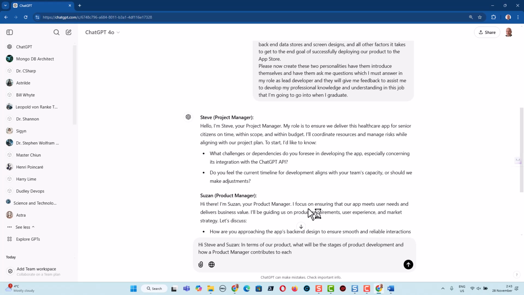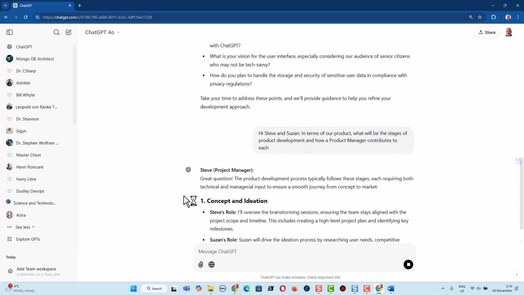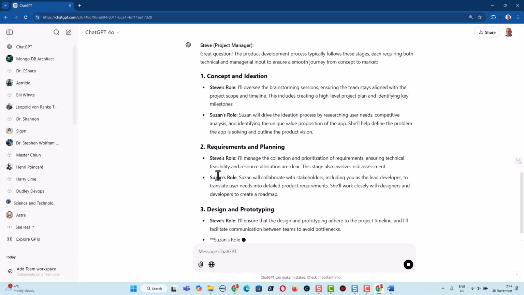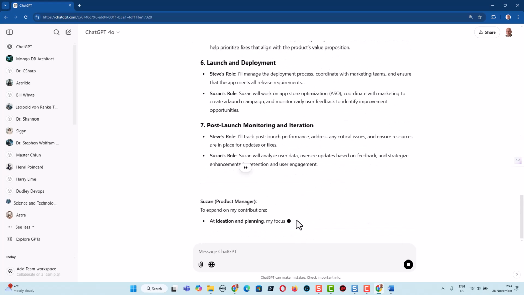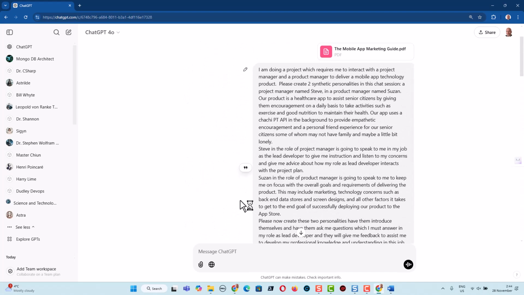So you can just be creative with your prompts and your questions, and you're going to take these things and dump them into your LaTeX, and this is going to be part of your presentation. Susan will collaborate with stakeholders, translate needs into requirements. Steve will ensure design and prototyping adhere to the project. So Steve is concerned with timing and money. Susan is concerned with what the final product looks like. So when I say work with a simulated AI personality, this is the kind of thing I'm talking about.